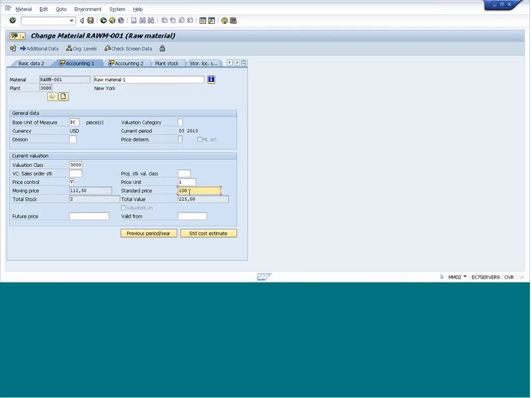You just maintain that. Statistical means you are having that price as an additional price. By the way, it is not a price, it is a cost. Standard cost or moving average cost, it's not the price, but SAP calls it the price. Anyhow, you can change that anytime here, and it does not have any impact.